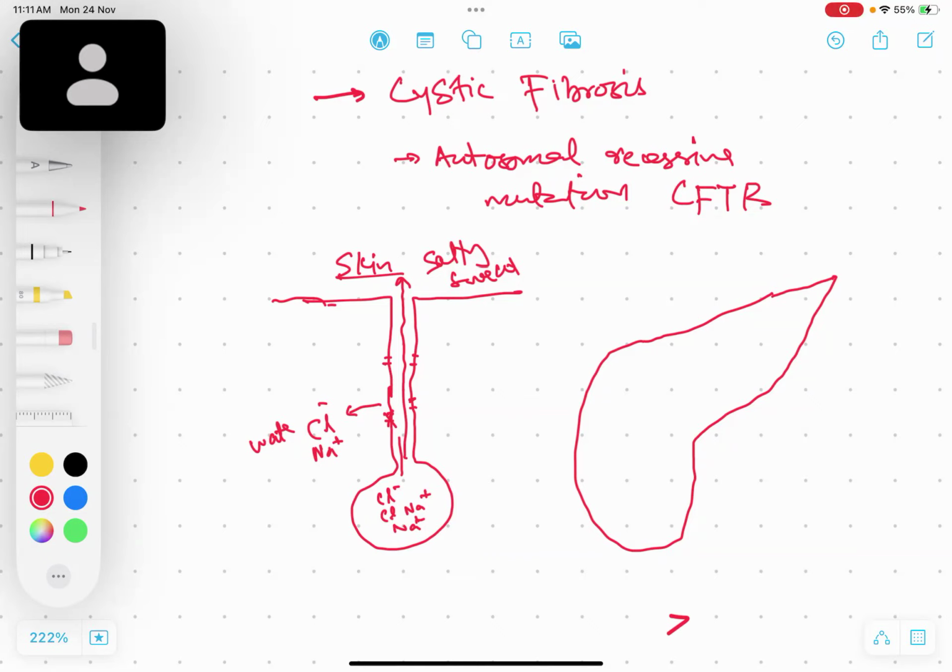In other glands, for example, the mucus glands of the respiratory mucosa, the intestine, or the pancreatic glands, it's actually different. So in these glands, they actually secrete chloride. For example, like these are the ducts.